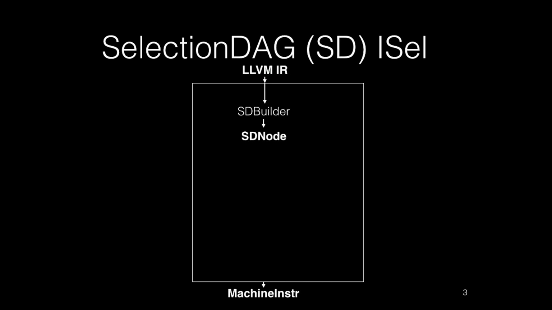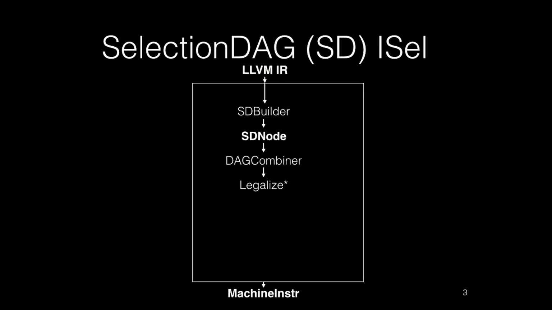So here on this picture, the terms in bold are intermediate representations, and the other terms are phases in the path. With this new representation, we go through optimizations that are named DAG combine, that basically do some canonicalization and peephole optimization on the representation.